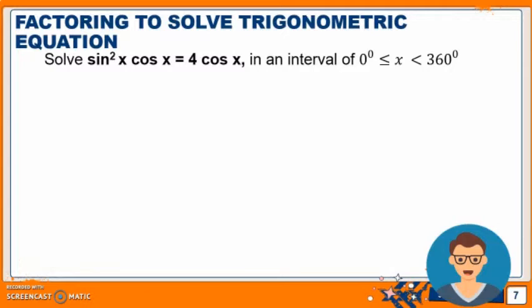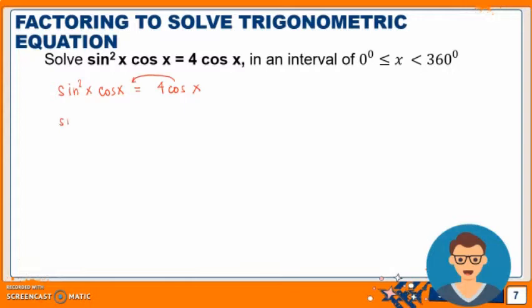So in here, rewrite the original equation: sine squared x cosine x is equal to 4 cosine x. We may subtract 4 cosine x from each side or simply transpose.